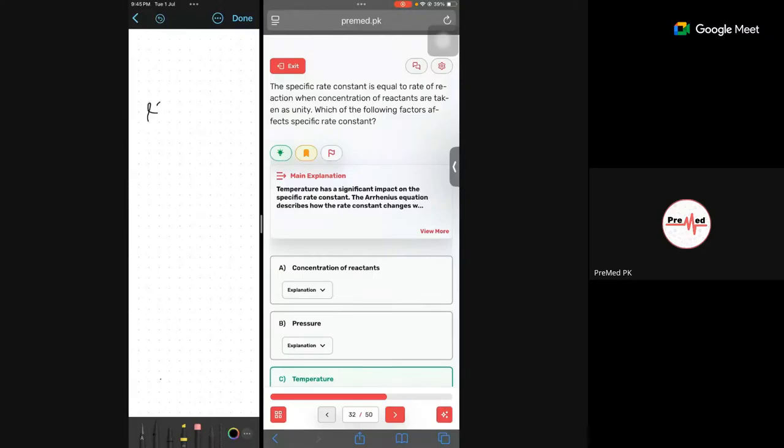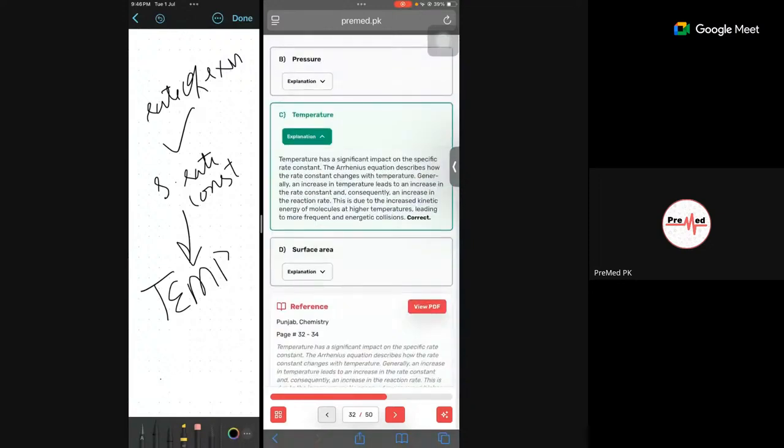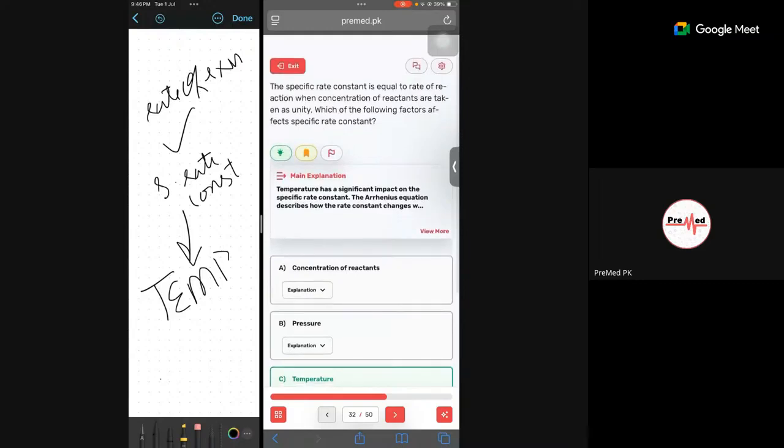Keep it in your mind that the rate of reaction is affected by all, but the specific rate constant is affected by just one thing, which is temperature and nothing else. If you increase the concentration of reactant, the specific rate constant does not change; with pressure, with surface area, it does not change. So the correct option is temperature.